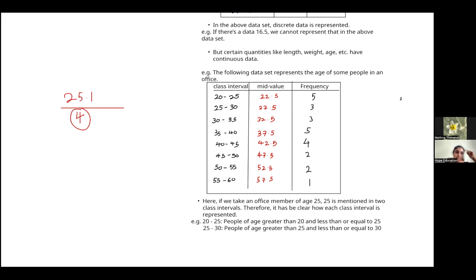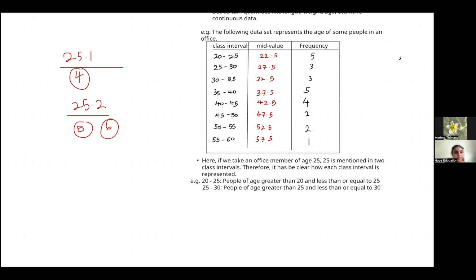Then 25.2, the fifth and sixth. Then 25.3, the fifth.